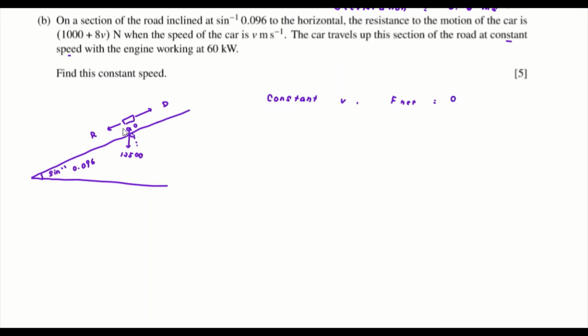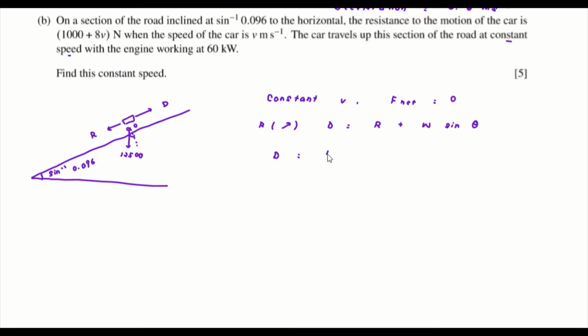So in this case, you need to do some resolving. When you resolve it in the direction of the plane, we can get the driving force equal to the resistance plus the weight sine theta, right? Now the driving force is what we want to find.